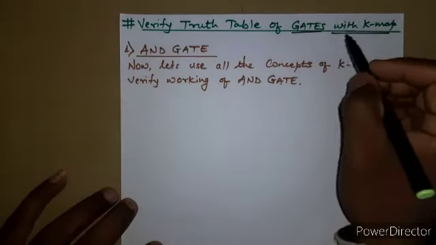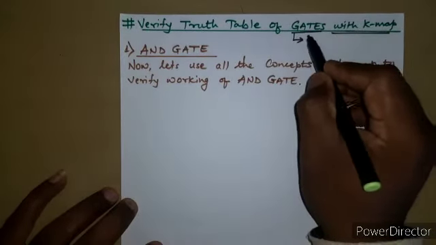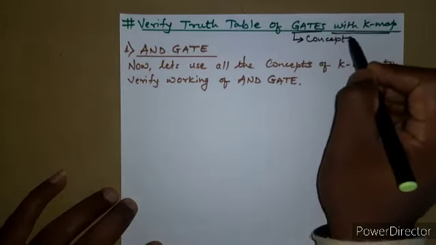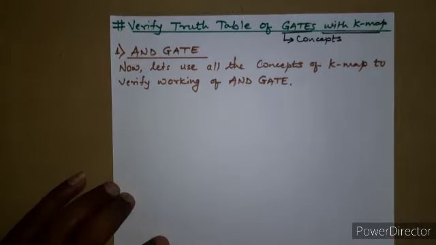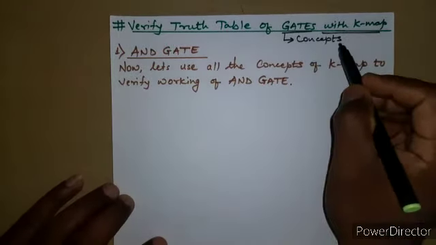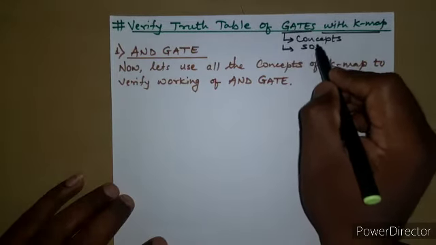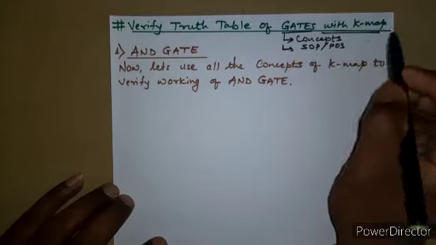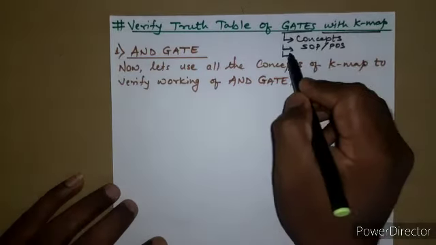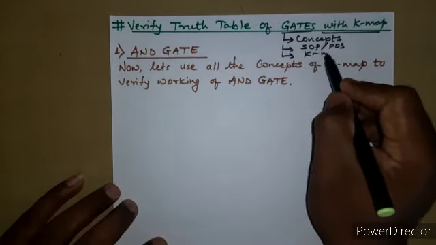Now we had verified gates from the concepts, and then we have seen the concepts of SOP and POS. Now let's verify with the help of K-map.